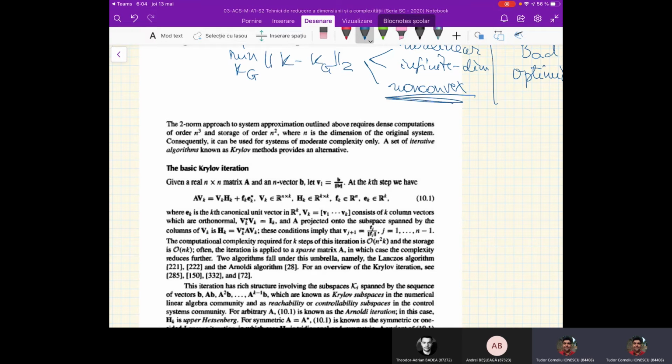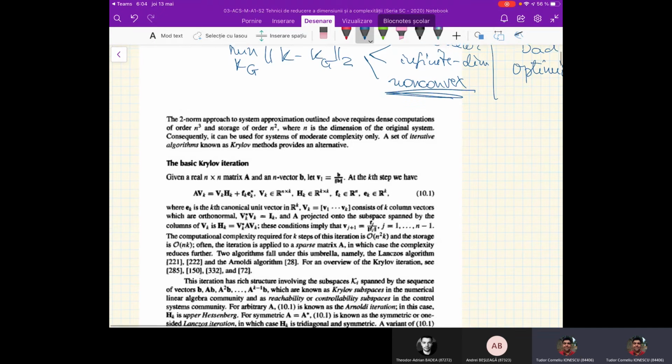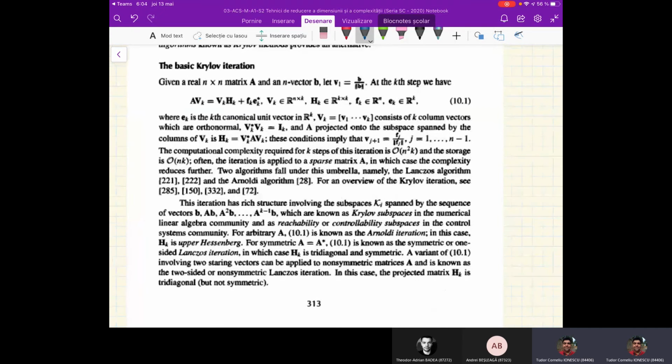Now, people came up with lots of iterative algorithms called Krylov-based algorithms, which are an alternative to the balanced truncation we have been discussing so far. Here they present the basic so-called Krylov iteration. Given an n by n matrix A and a vector b, we consider the vector v1, the normalized version of the vector b.